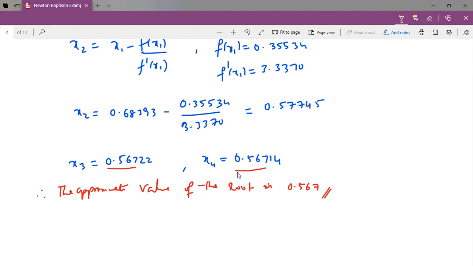In the iteration method we had some 10 steps, I think. Please check. That means the Newton-Raphson method converges faster than the other two methods.